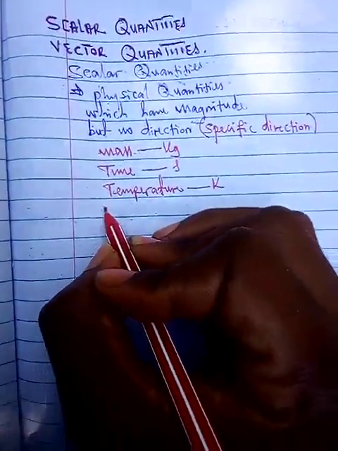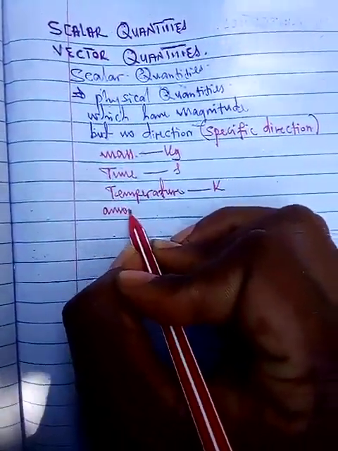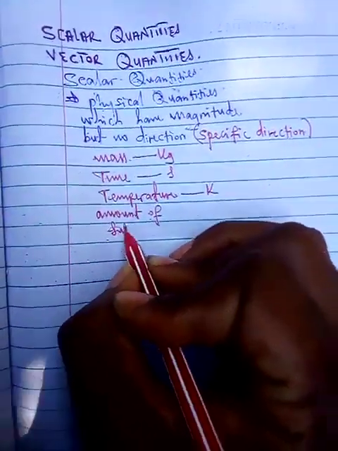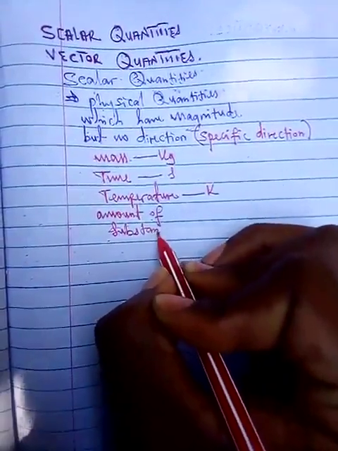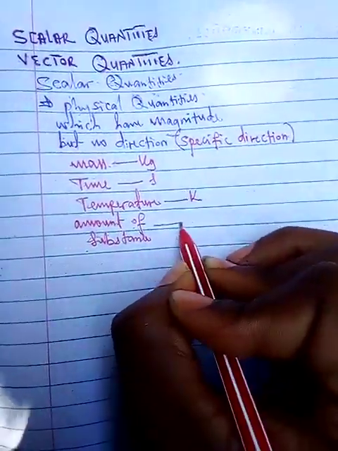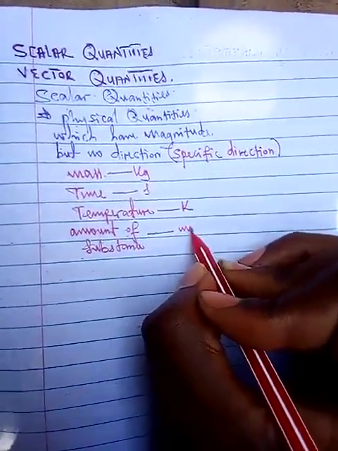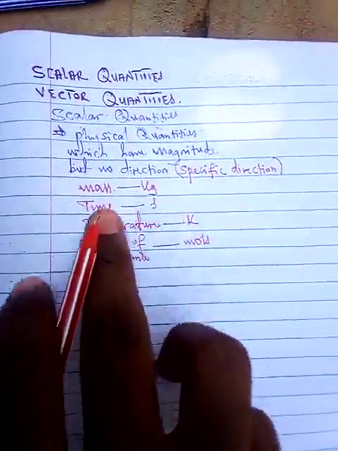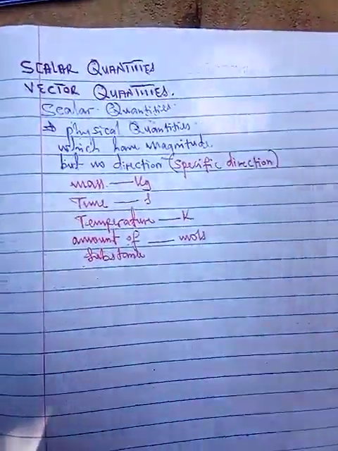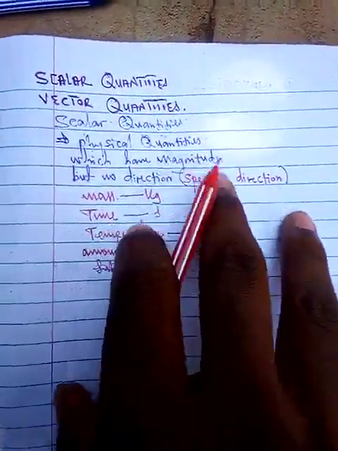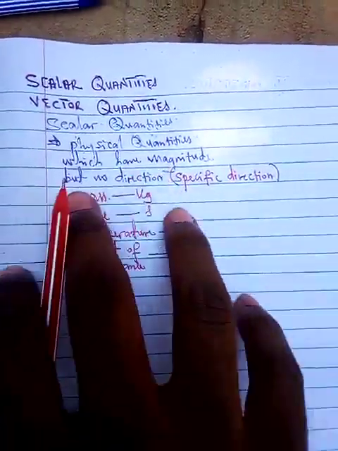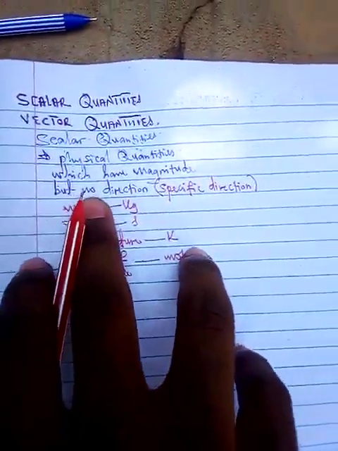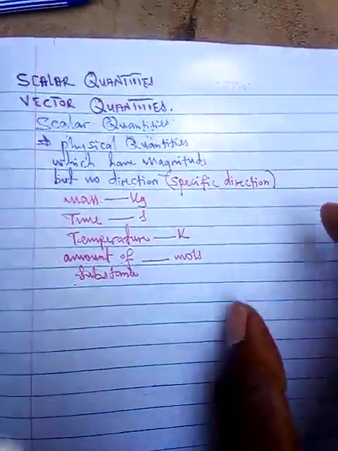I can even put the amount of substance, which we saw is expressed in moles. We can also put energy. All these are examples of what we term scalar quantities. These are quantities which have magnitude but no specific direction.